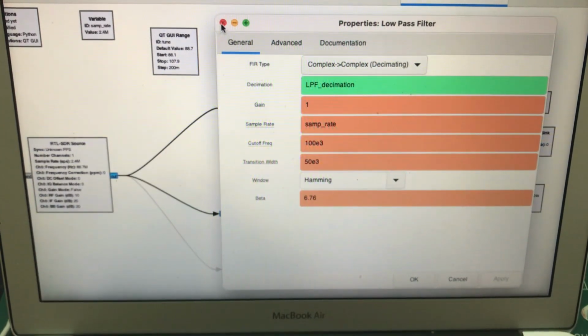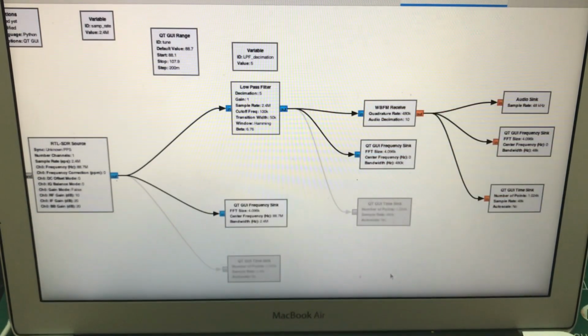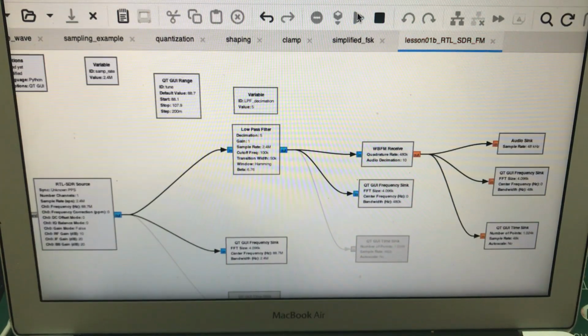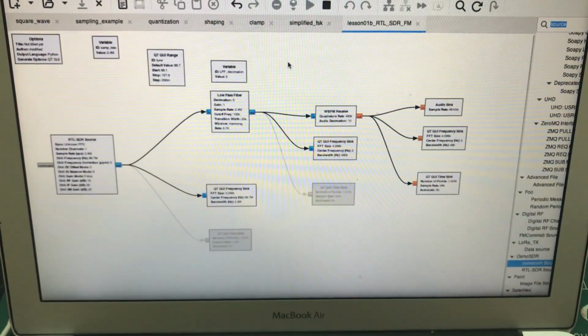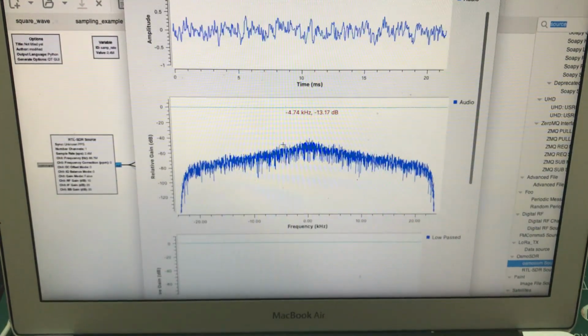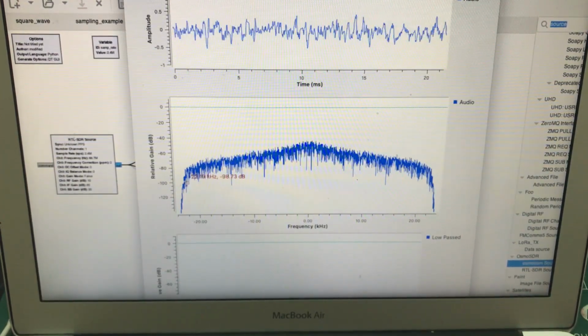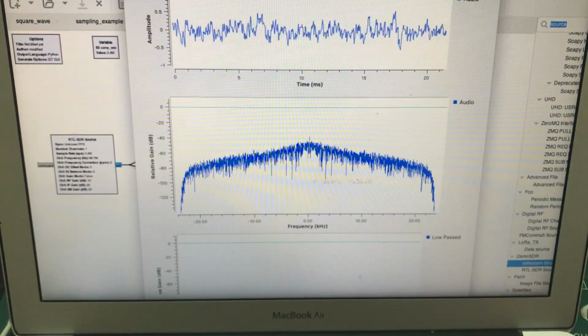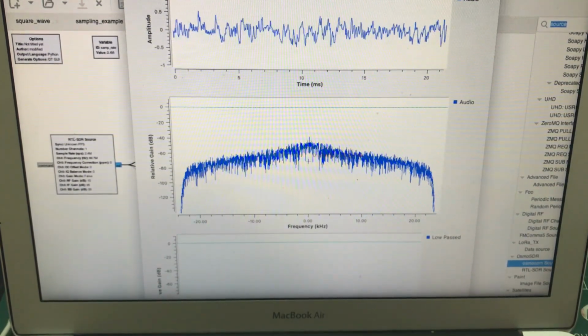Let me show you what that is quickly. Let me run this flow graph and show you what I mean. I hope it's working. What I'm saying is this bandwidth, and this is that.